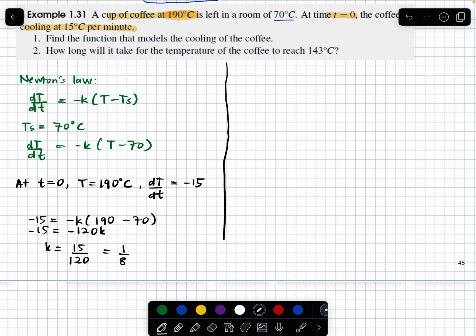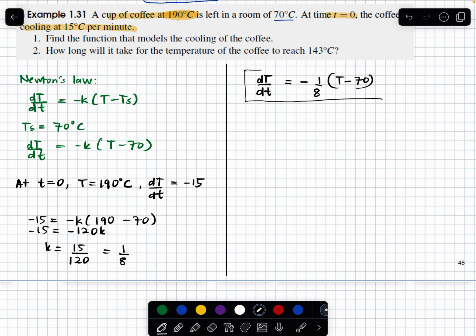By putting in the value of k, we can update the differential equation. Now dT/dt can be written as negative 1 over 8 times T minus 70. So this is the differential equation that we want to solve.